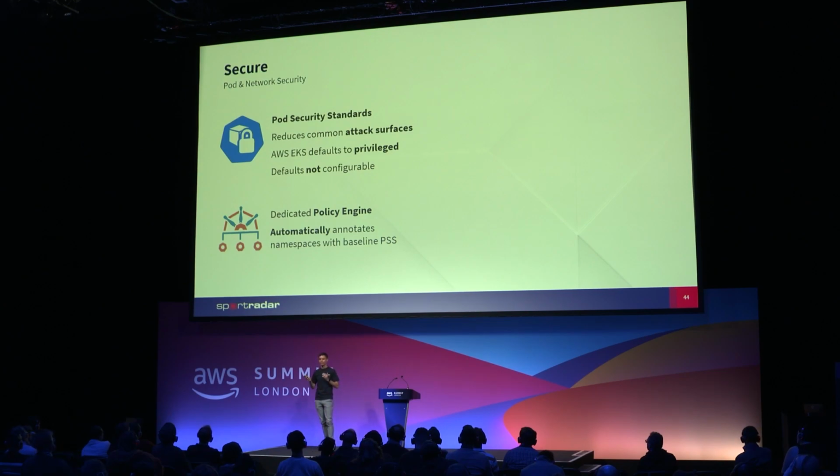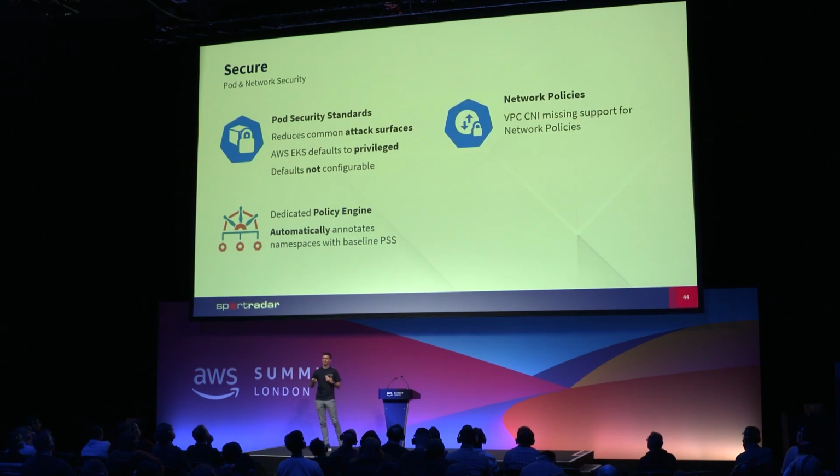On the other hand, networking was a major change for us. So we went from having an overlay network, which we controlled, to using VPC CNI. And at the time when we were building our new platform, VPC CNI was really missing one critical piece of functionality, and that's support for Kubernetes network policies.